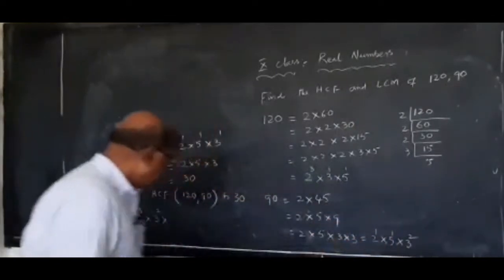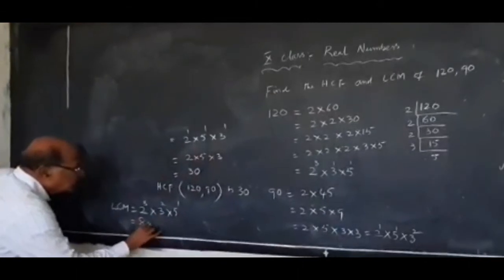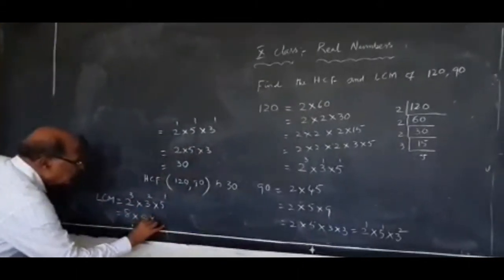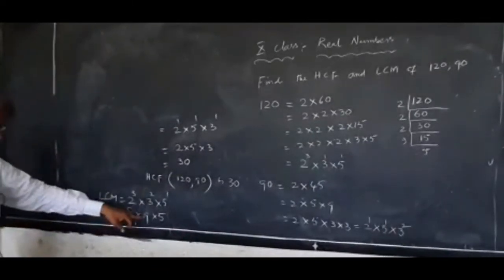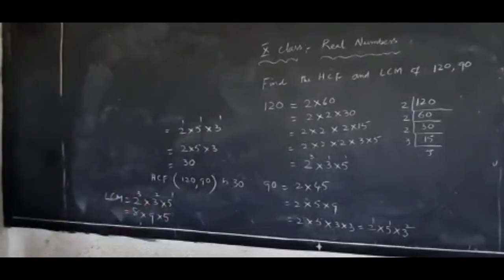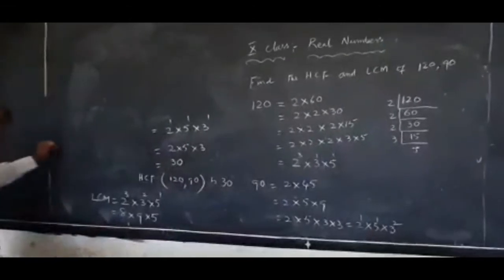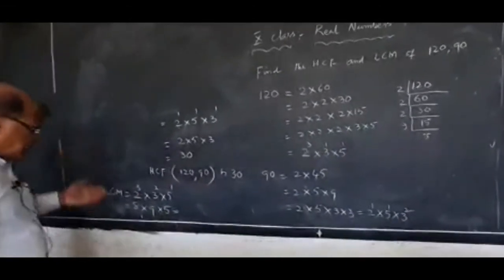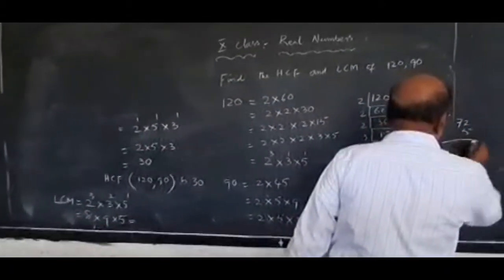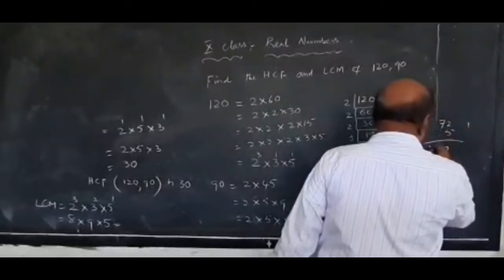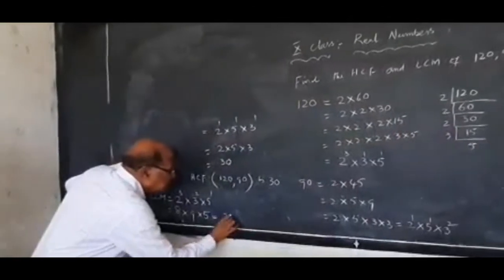Highest power of 5? 5 to the power of 1. So this is 8 into 9 into 5. 2 cube means 8, 3 square means 9, and 5 to the power of 1. Multiply it: 72 into 5. 5 2s are 10, 35, 36. So 360 is the LCM.